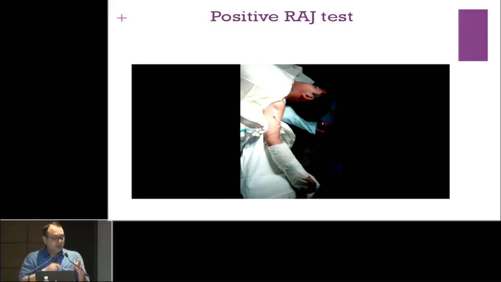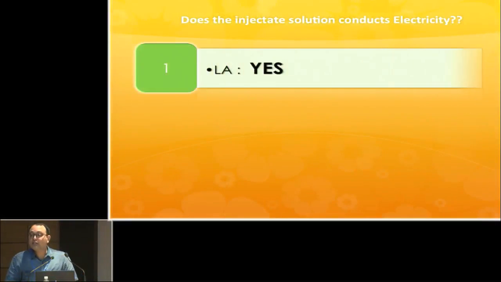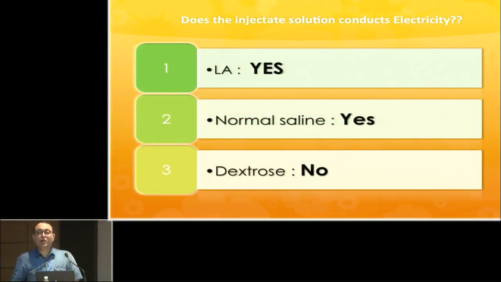Previously it was thought that once you inject the local anesthetic or solution, it increases the distance between the needle tip and the nerve, and that's why it is very difficult to stimulate the nerve. But if so, why do the twitches not disappear when you inject the dextrose solution? The answer is, does the injected solution conduct the electricity or not? Local anesthetic, yes, it conducts the electricity.